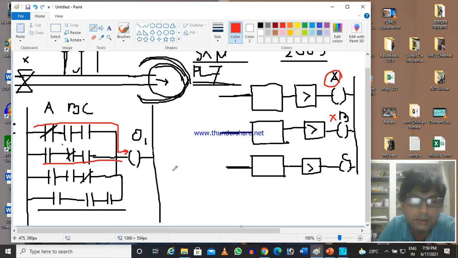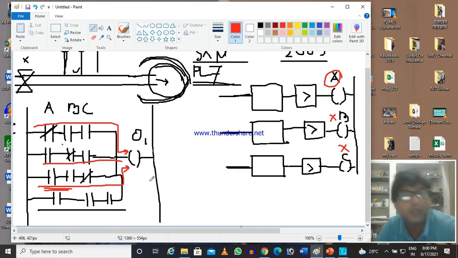On the other hand, if C is not working, even the pressure reached, but it is not able to give the desired electrical output to the PLC, that's why you see I have given C as normally close. Then B and C will work, and through this path it will actuate.